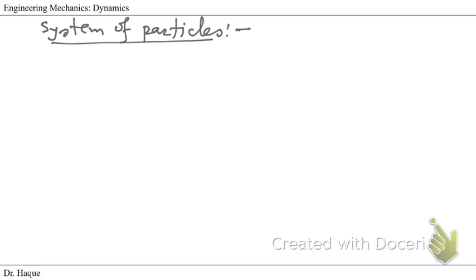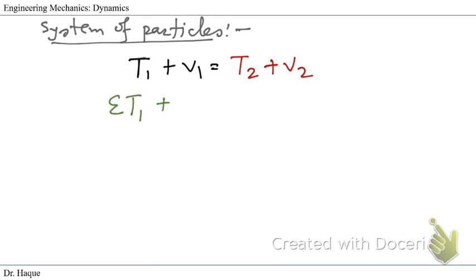If there is more than one particle, we have the conservation of energy equation T1 plus V1 equals T2 plus V2, and all we have to do is take the summation of initial kinetic energy plus summation of initial potential energy equals summation of final kinetic energy plus summation of final potential energy.